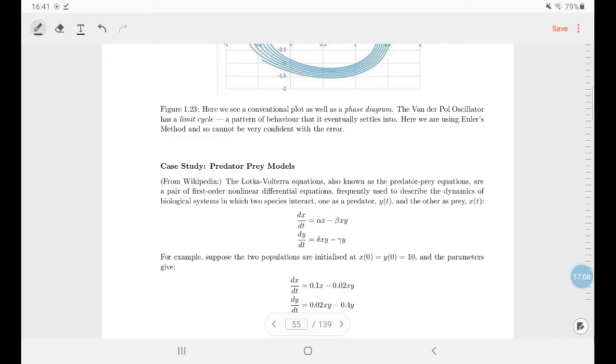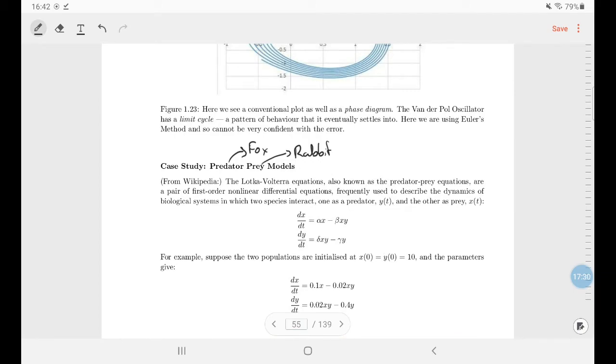So think of this is the fox, and this is the rabbit. And the idea is that if there's loads of foxes, the rabbit population decreases. Let me see. So let's look at this differential equation and see can we understand what's going on.